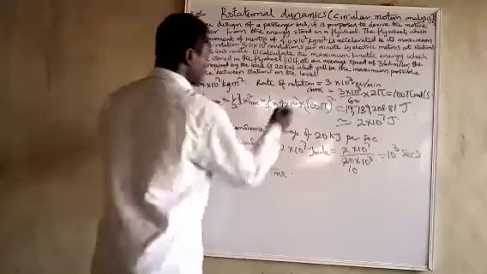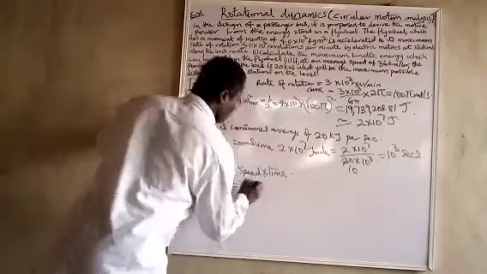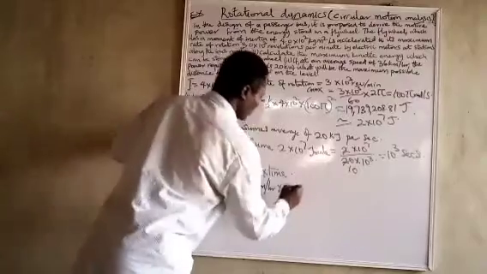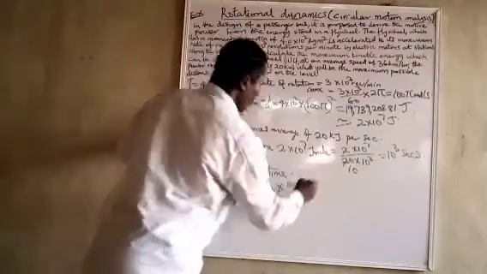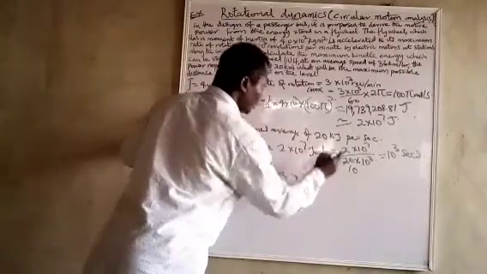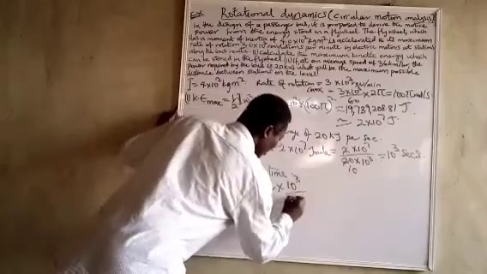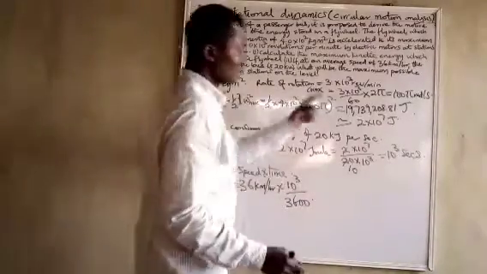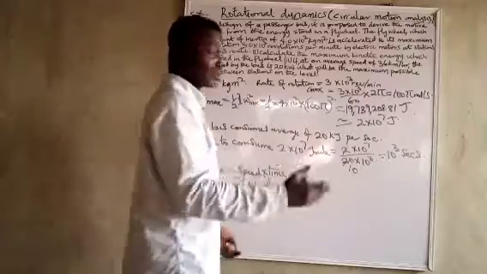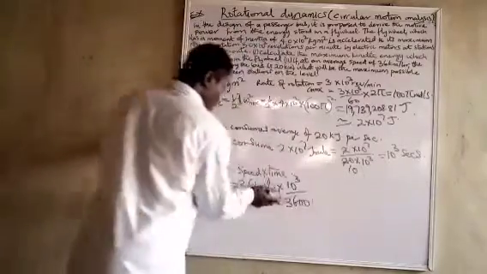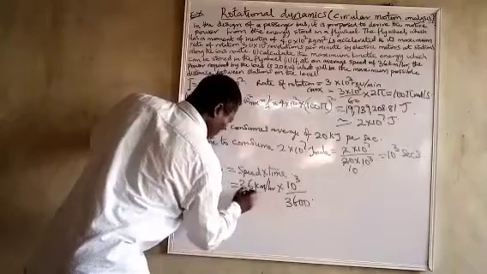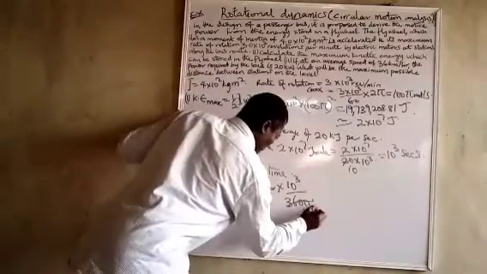So either of the two. So we can say 36 kilometers per hour times 10 to the power 3 divided by 3600. You can do it like this because 3,600 seconds will make 1 hour. So since we are making it per hour, this is the number of hours. So this one will now be 100.